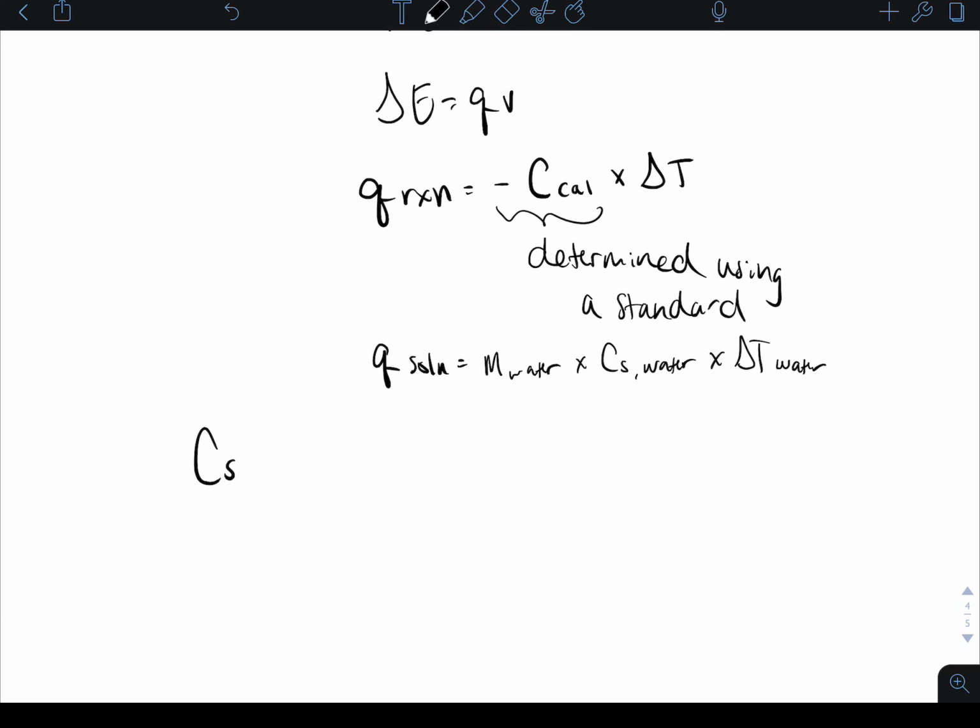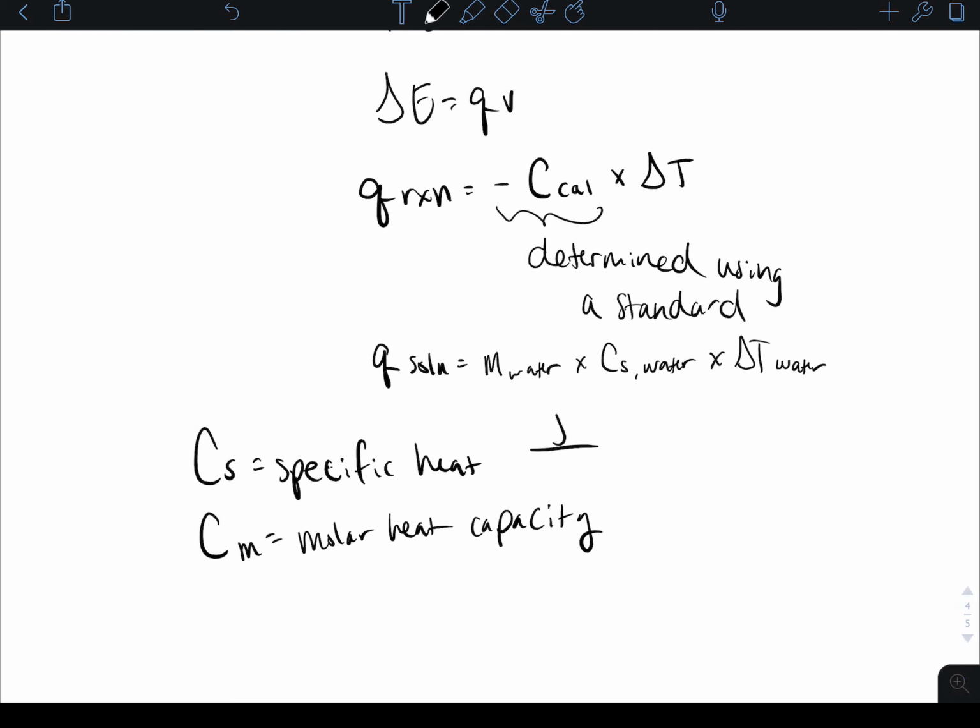Generally we use CS, our specific heat, in these equations. But we can also use our molar heat capacity, which is just going to be a different unit. So specific heat is joules per grams times by degrees Celsius. And then our molar specific heat is joules per mole times by degrees Celsius. So it's the same idea.